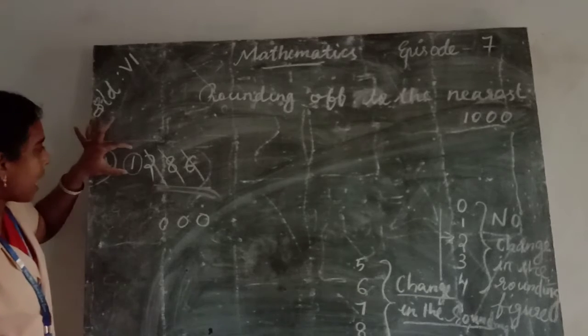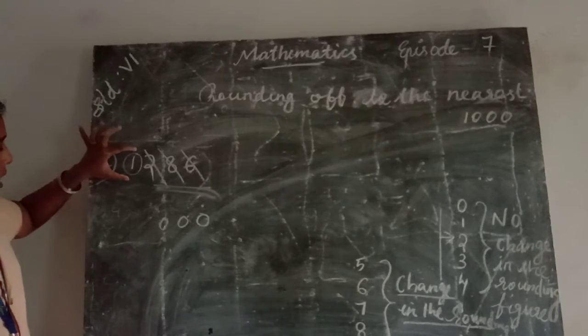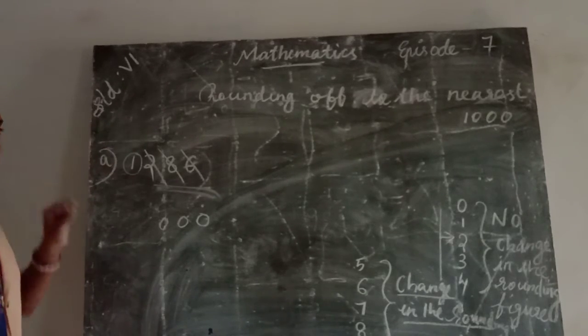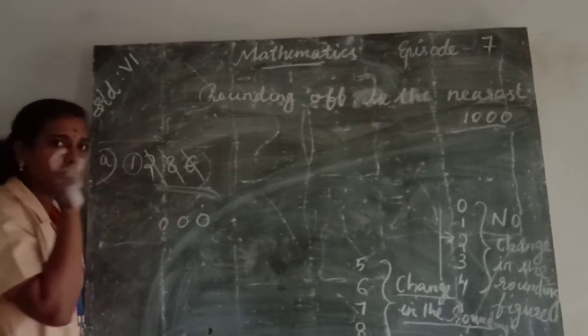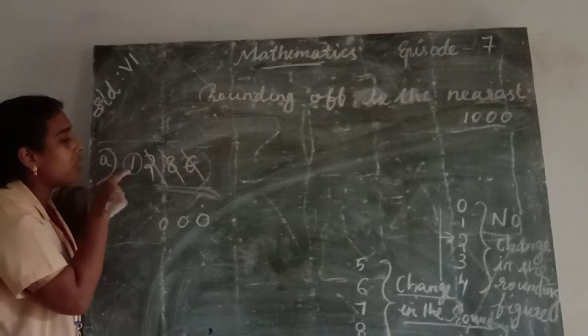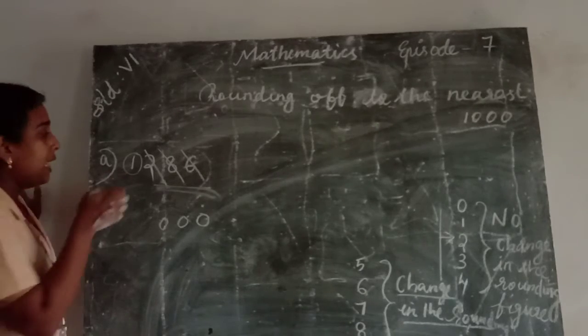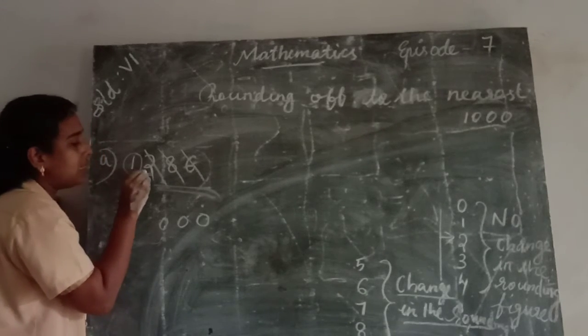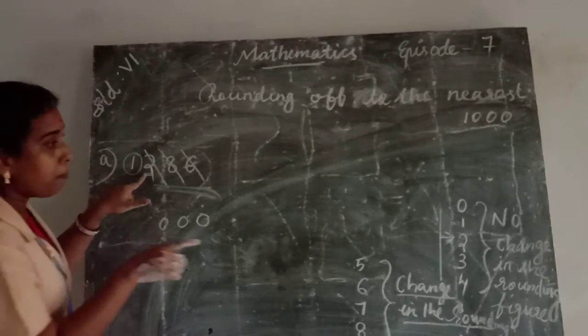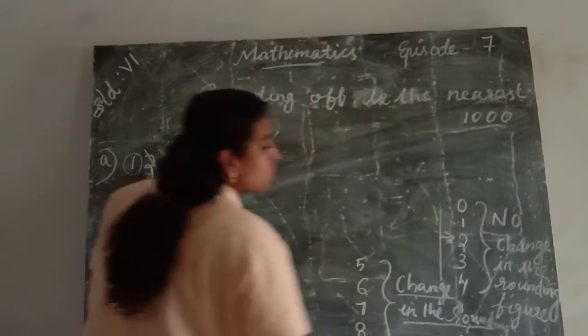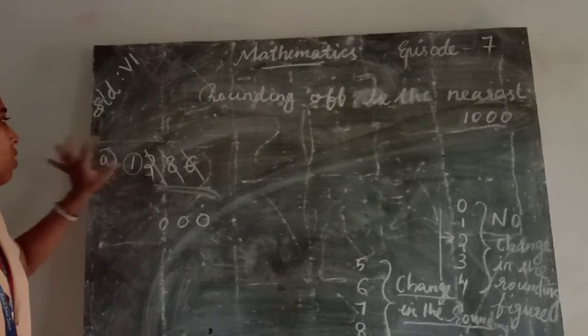And for writing the digit in the rounded figure, we just look at the digit that comes just before the rounded digit. Here, 2 comes just before the rounded digit. If the number is 2, then there is no change in the rounded figure.